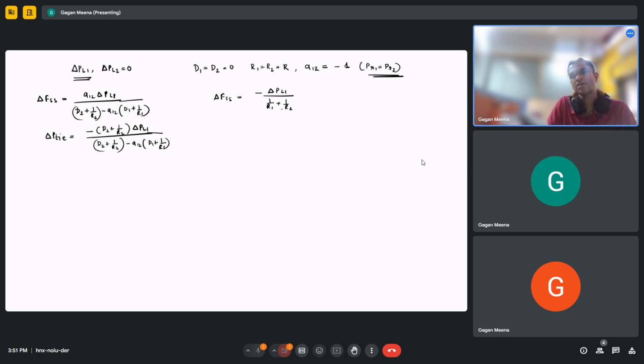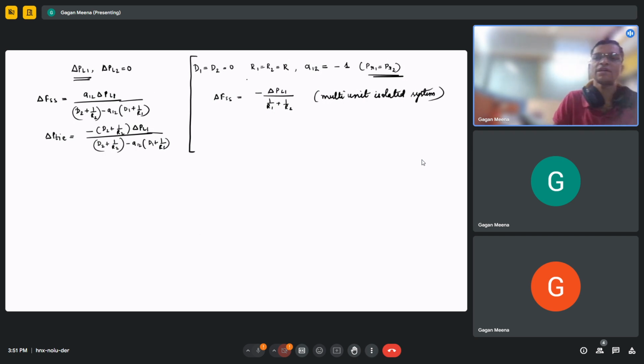So we see the same result which we saw for the multi-unit isolated system. These are the requirements: D1 and D2 are 0, both speed regulation characteristics are the same, and the power capacities are also the same.